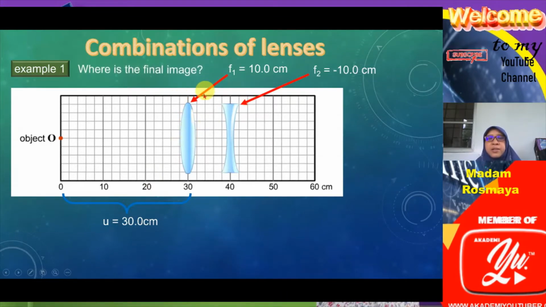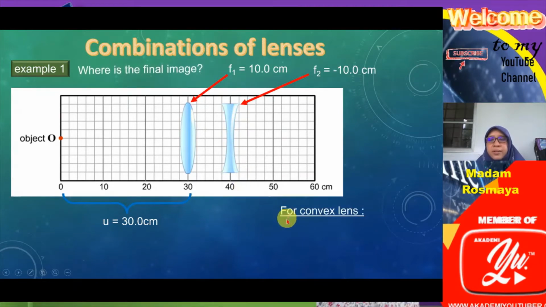The focal length for this convex lens is 10 cm, and for the concave lens, the focal length is negative 10.0 cm, negative because this is the concave lens. So we do it separately. We do the convex lens first, so we can ignore the concave lens.